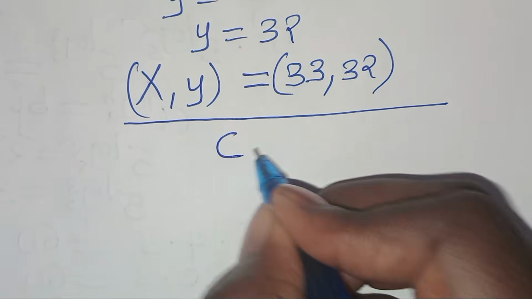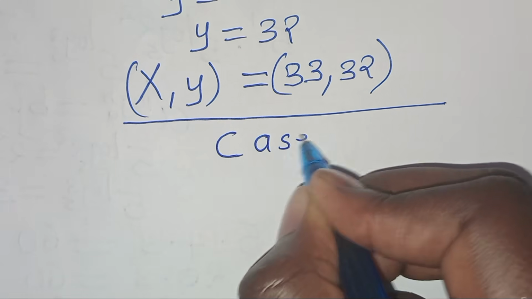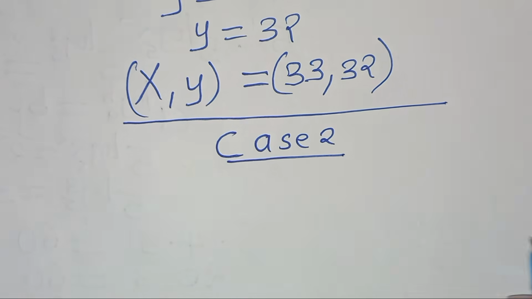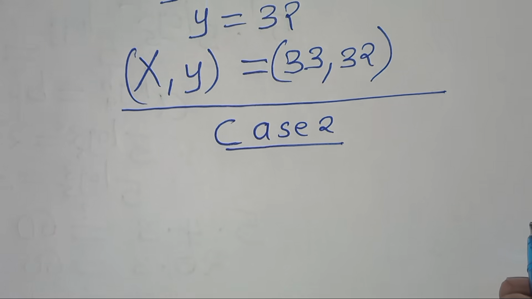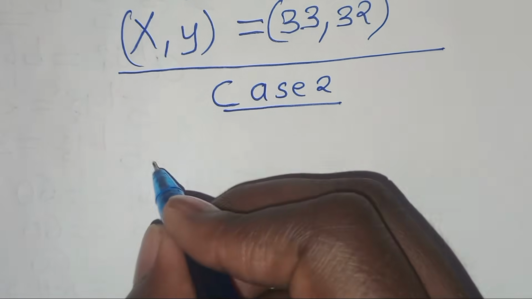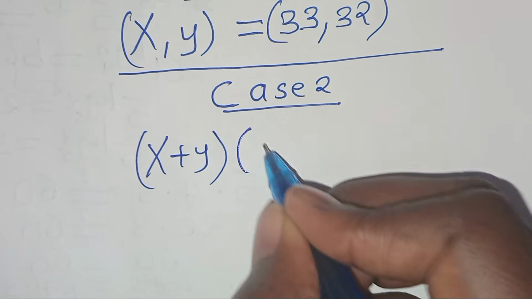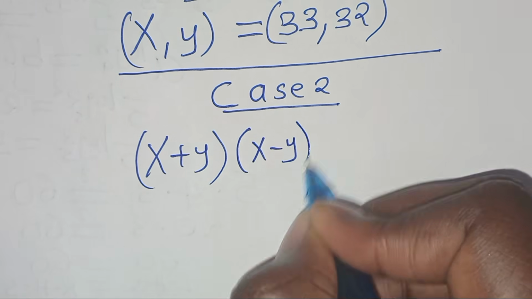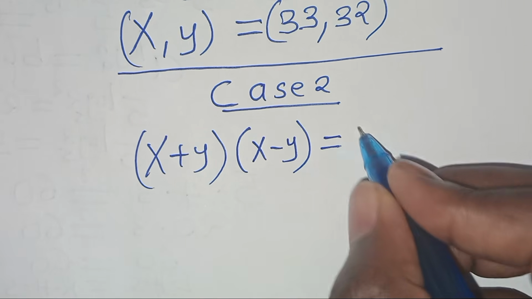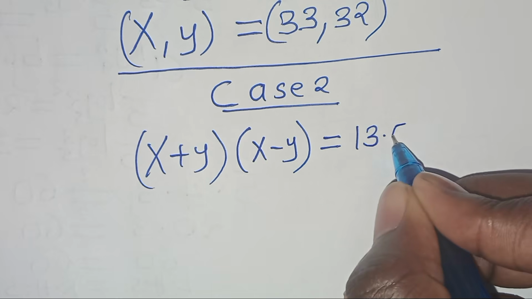Now let's proceed to case 2. In case 2, we have x plus y multiplied by x minus y equal to 13 multiplied by 5.